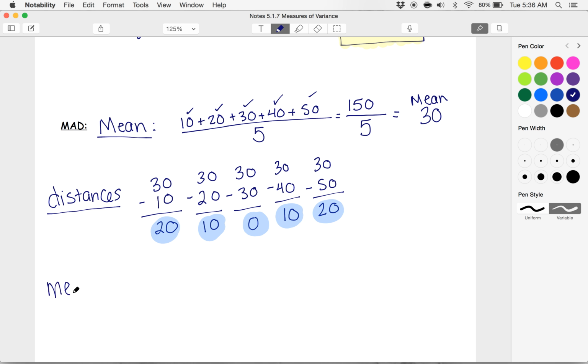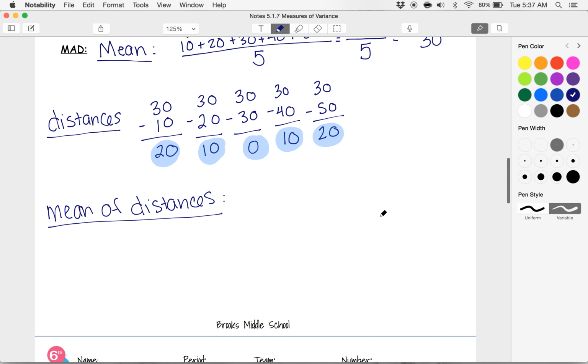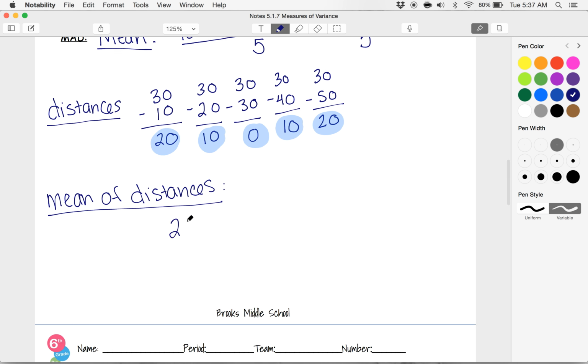So my last step is to find the mean of distances. So I'm going to do 20 plus 10 plus 0 plus 10 plus 20 divided by 5.